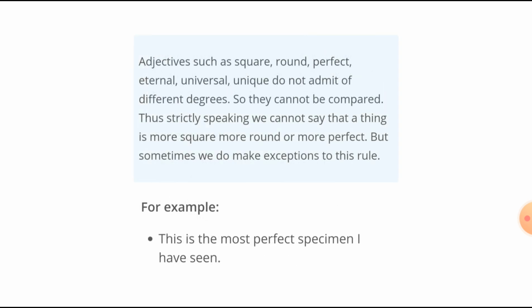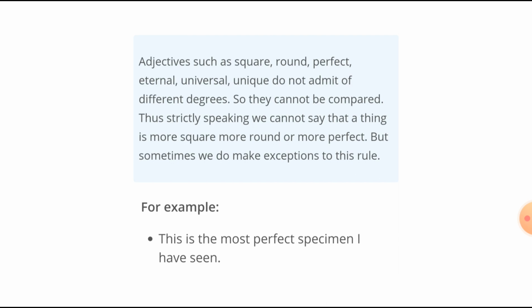Adjectives such as square, round, perfect, eternal, universal, unique do not admit of the different degrees, so they cannot be compared. Thus, strictly speaking, we cannot say that a thing is more square, more round, or more perfect.